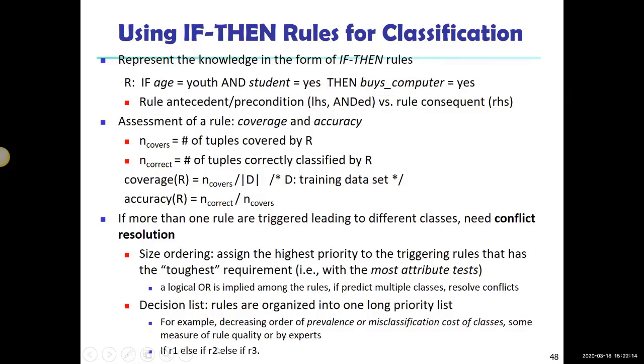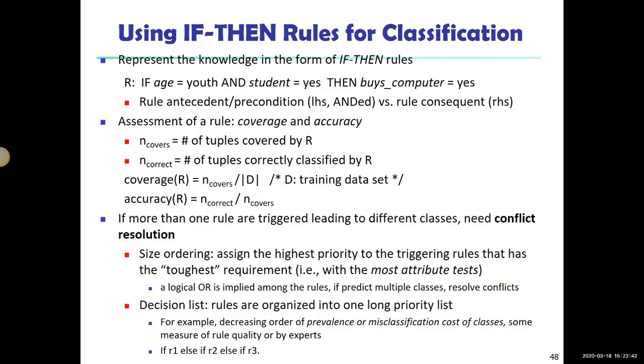So one example given here is size ordering. If one observation has triggered more than one rule leading to different classes, then we look at those rules and see which rule is the most strict, has the toughest requirement. We will fire that rule. Maybe that's because our example meets the most conditions of that rule.